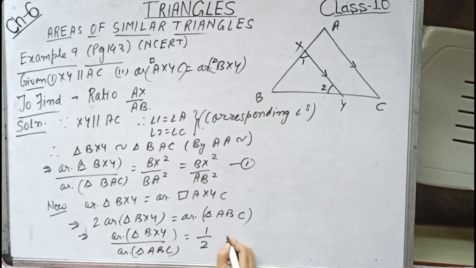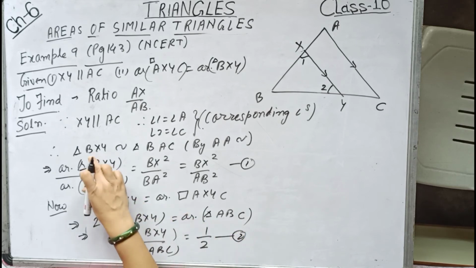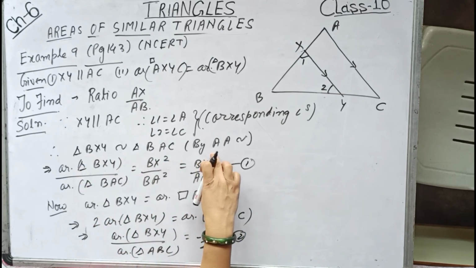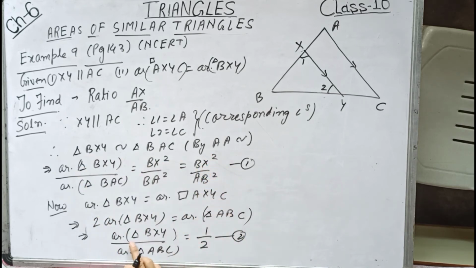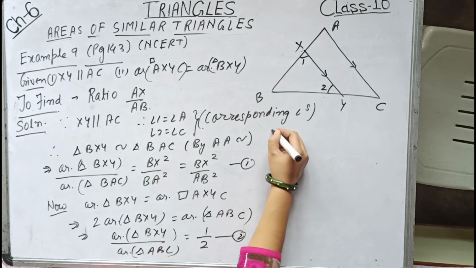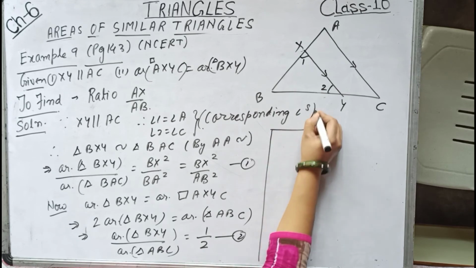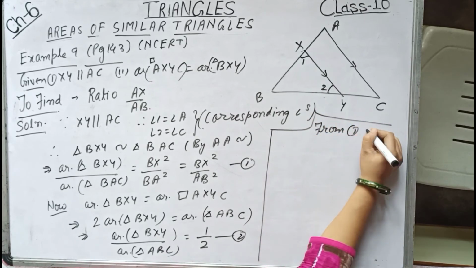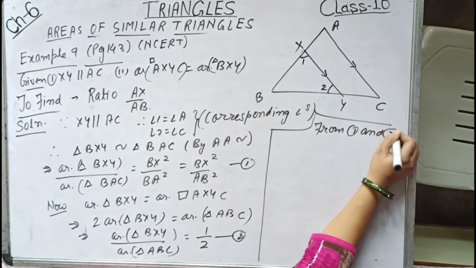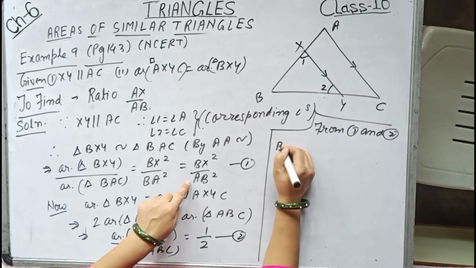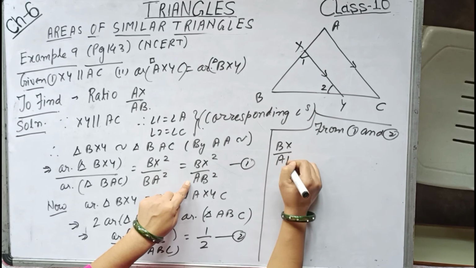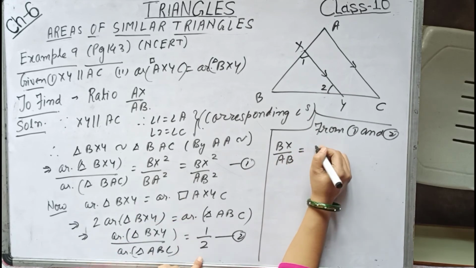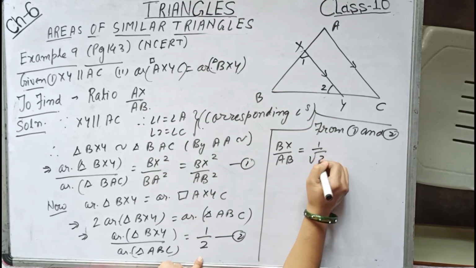Now equation 1 says that the ratio of the areas equals this much by this much, and equation 2 says that the ratio of the areas is 1 by 2. So we can equate the RHS. From 1 and 2 we get BX by AB equals 1 by root 2.